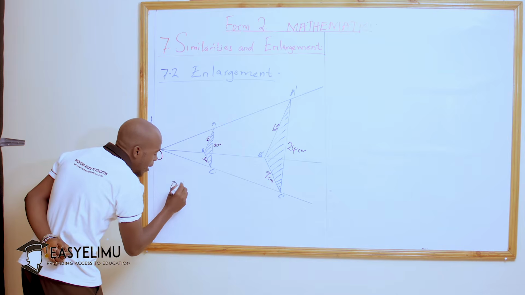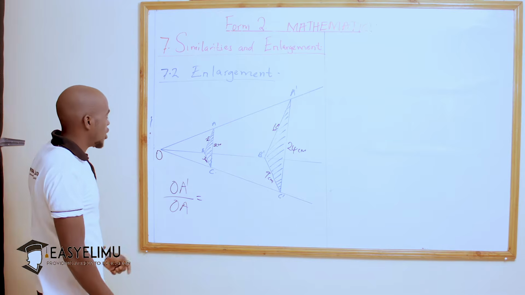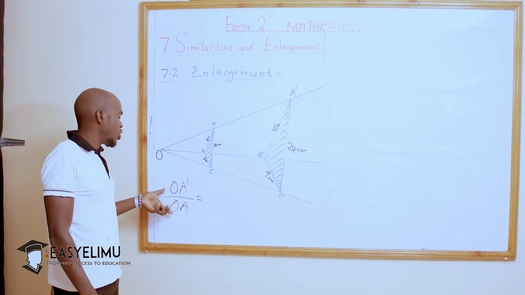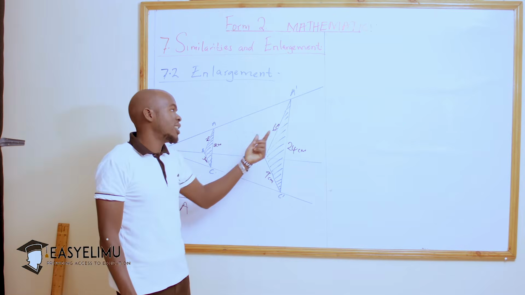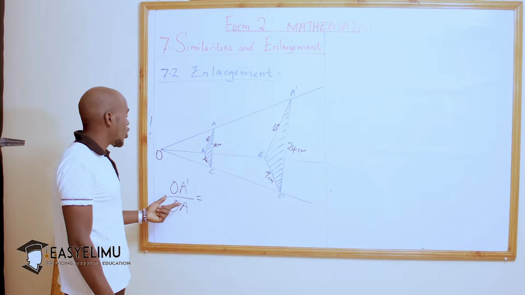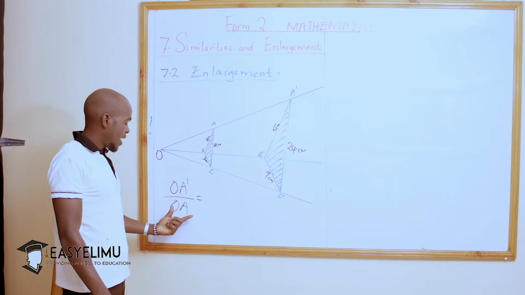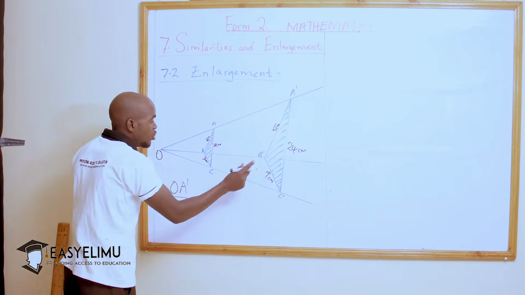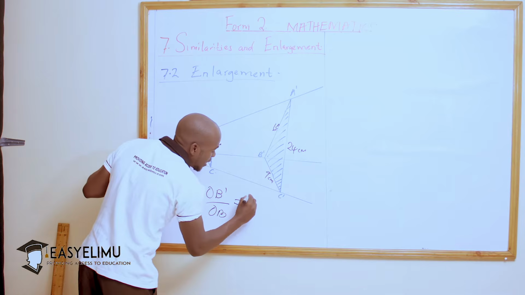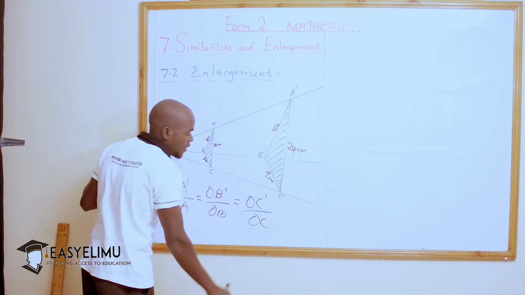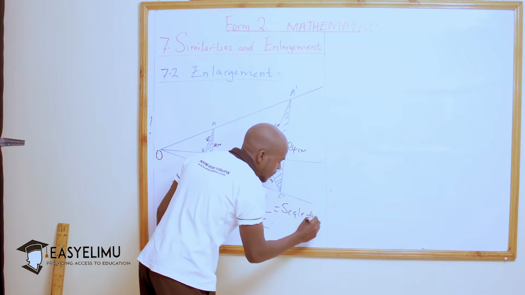If you take OA prime over OA, this is the ratio of the distance from the center of enlargement to the vertex of the image to the corresponding distance from the center of enlargement to the vertex of the object. It should be constant, so that even if we take OB prime over OB, we should get the same as OC prime over OC. Such is what we call scale factor.